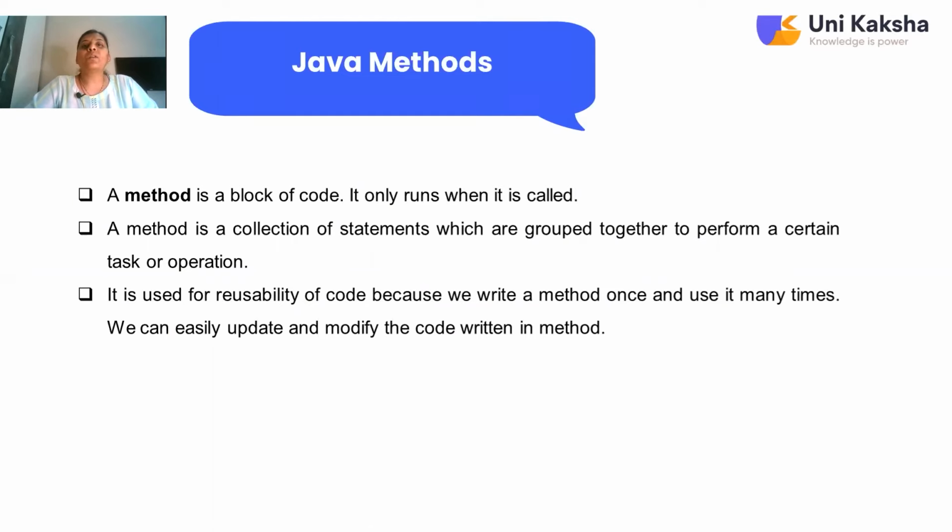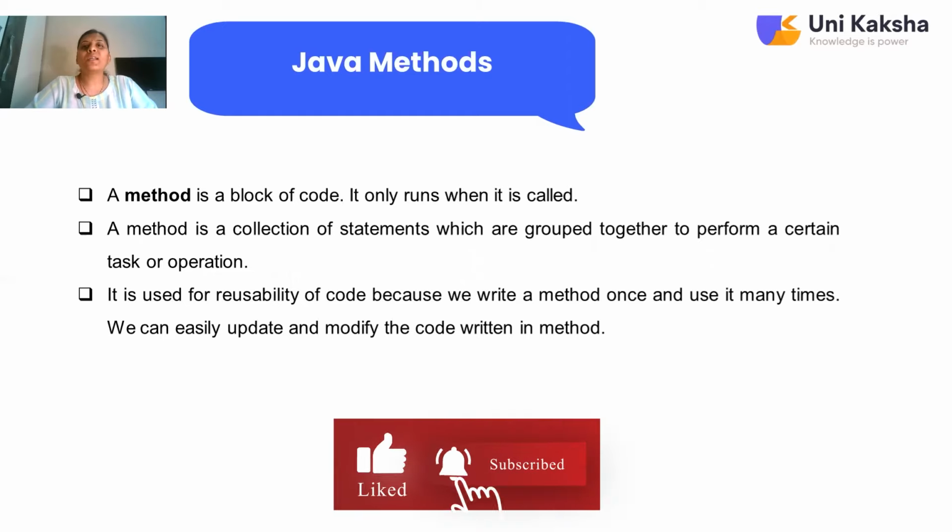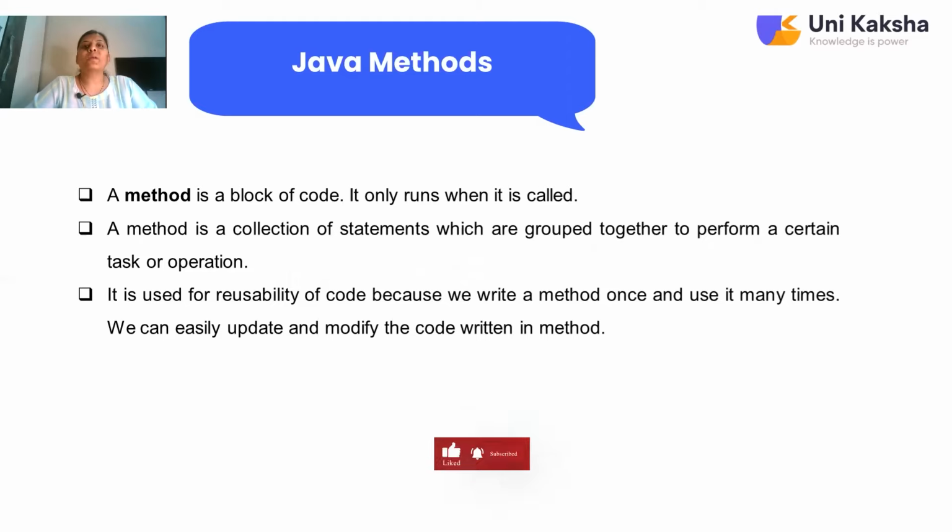Whenever you want to reuse code again and again, Java methods can be used. For example, once you have written the code in a method, it can be called again and again. No need to write the same method multiple times; you can call the method multiple times once it has been written.